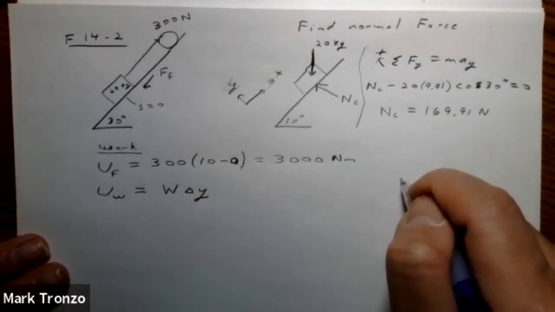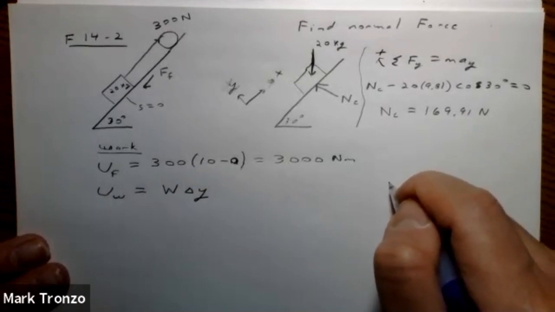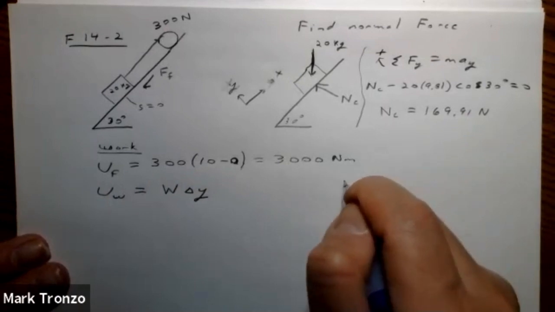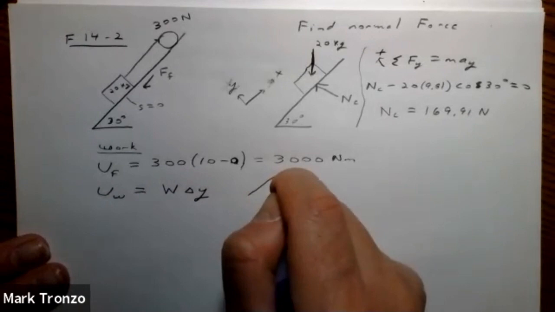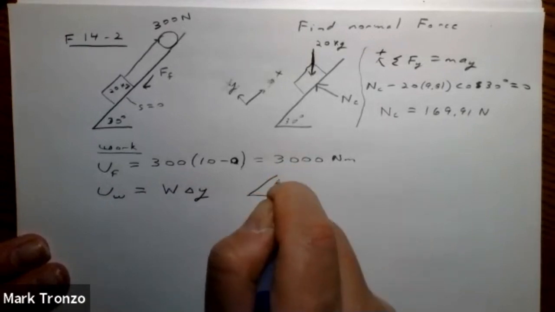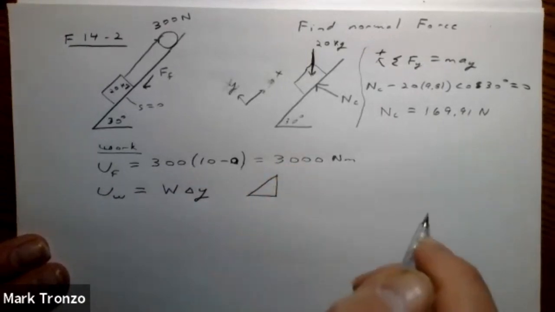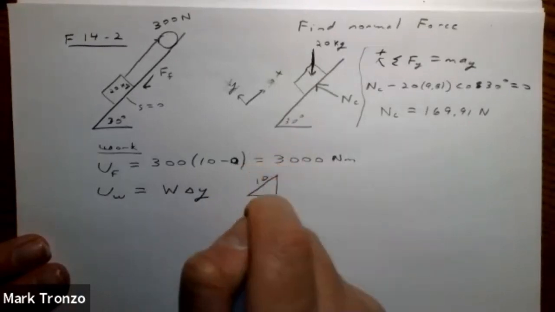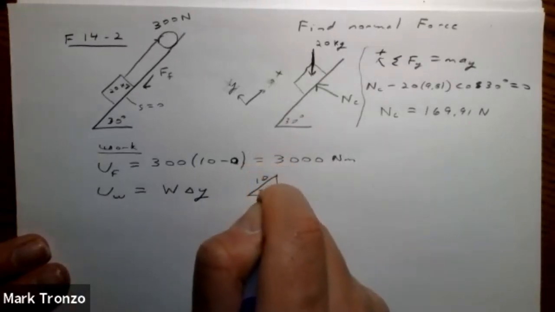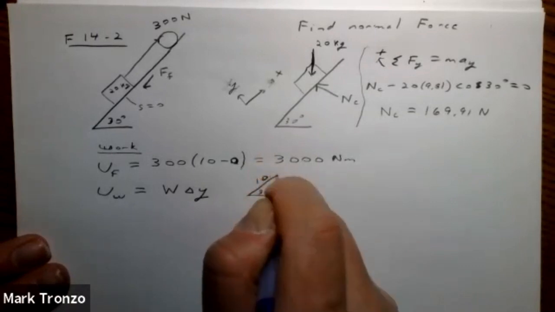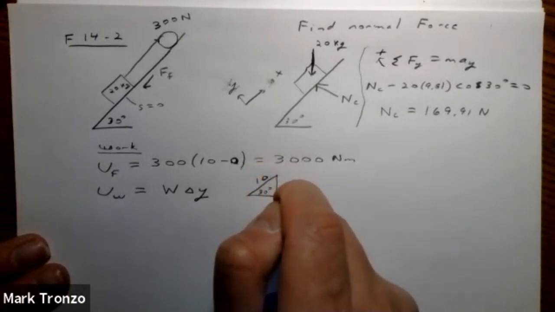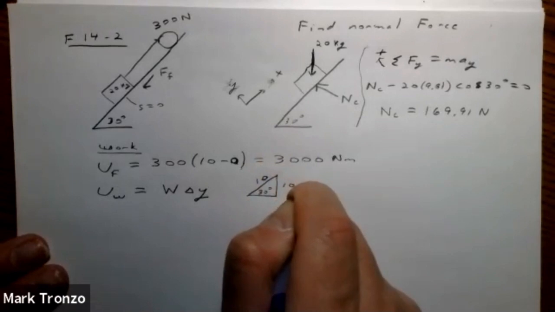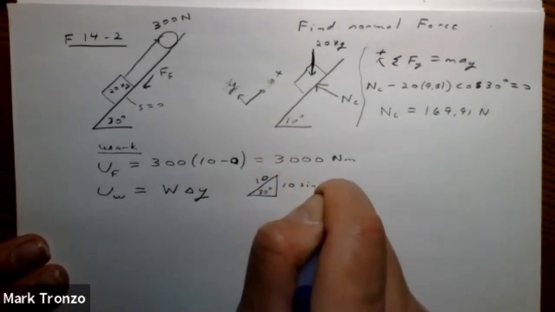So if we make a little triangle over here somewhere, let me put it right here. It's going to move 10 meters. And so we'll put that 10 over here. We have 30 degrees here. So that means this side over here has to be 10 sine 30 degrees.